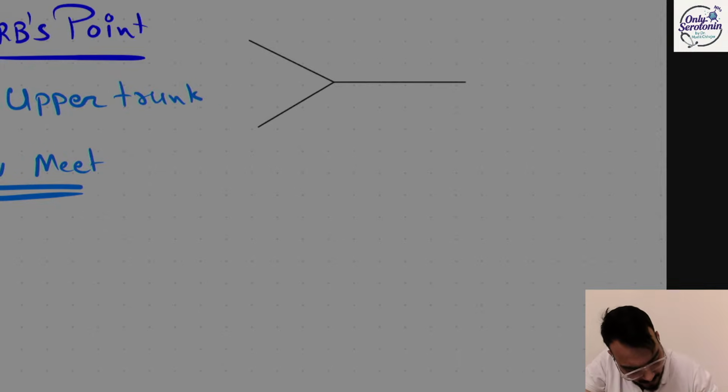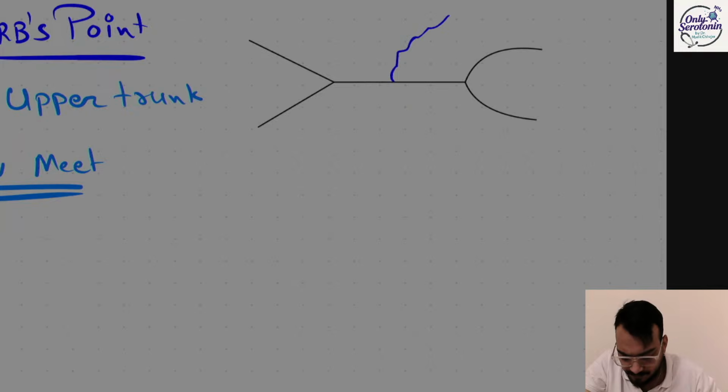Then we are having two branches, the anterior division and the posterior division. And the upper trunk is also giving two more branches. What are these, guys? I have told you just a few seconds before. The upper one and the lower one from the upper trunk. What are the names?